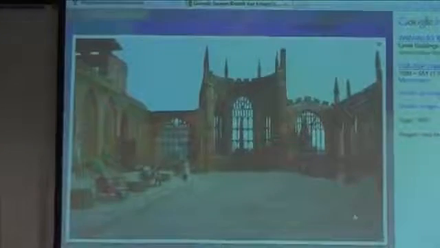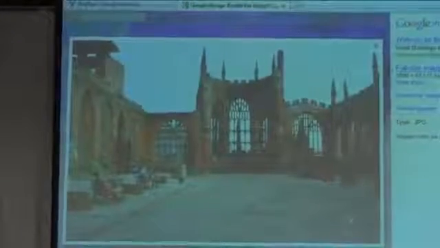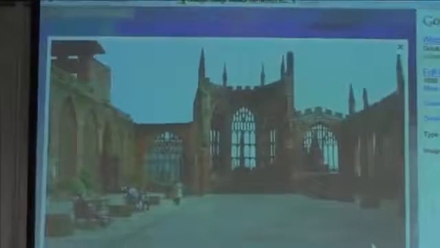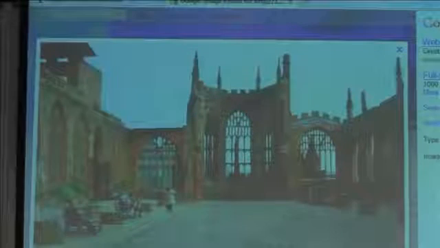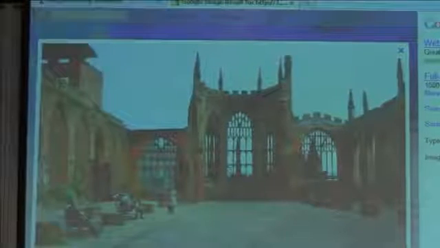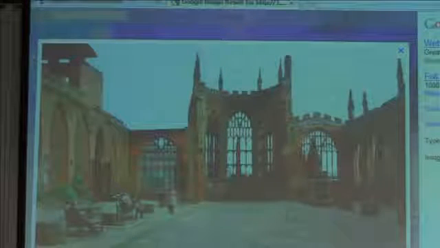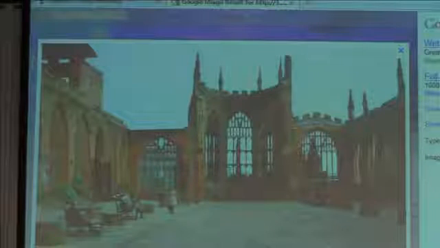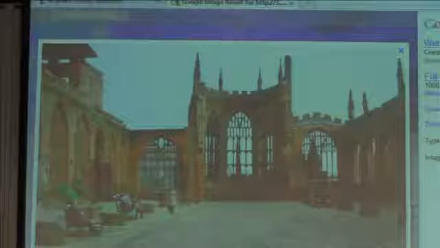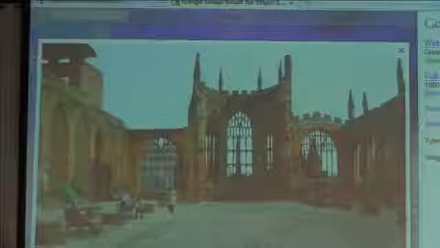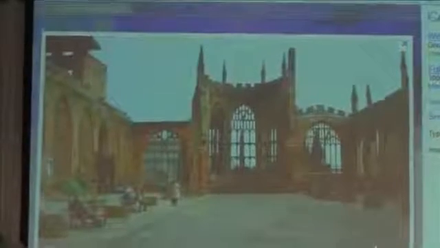What did they choose as the most critical layer element in their design? The altar and the ruins of the old building. They did two things: the altar and the ruins.